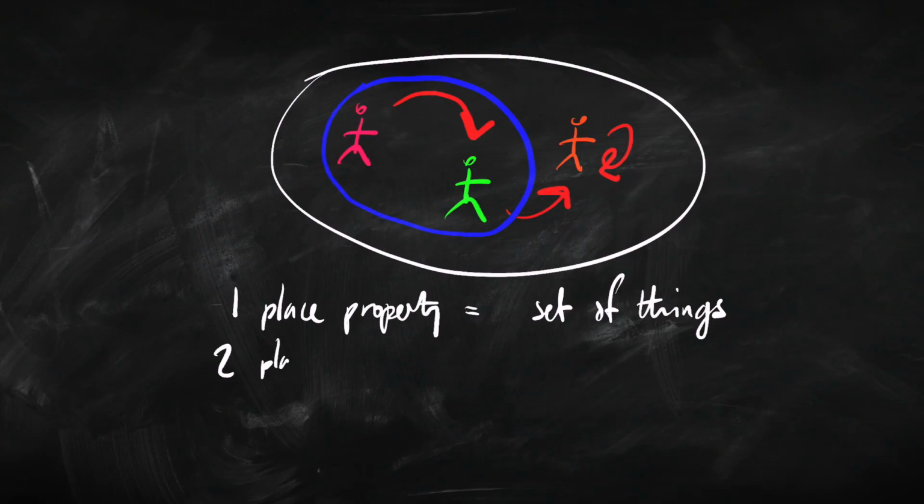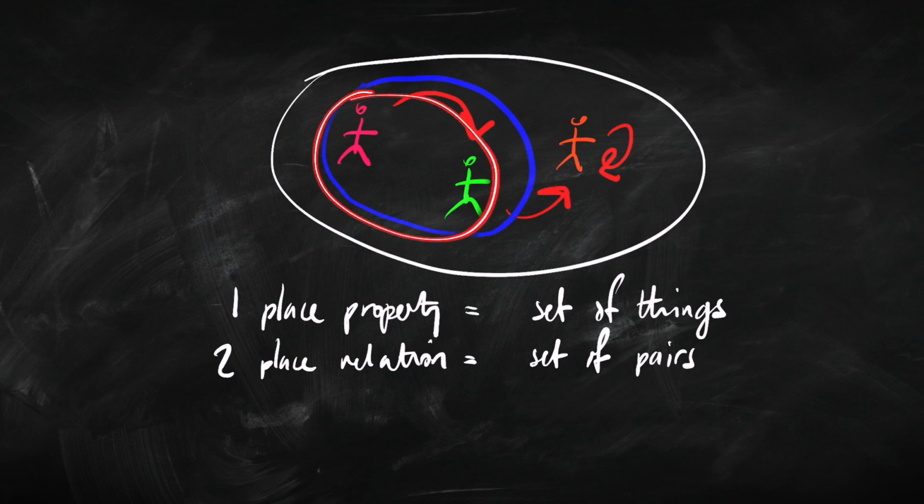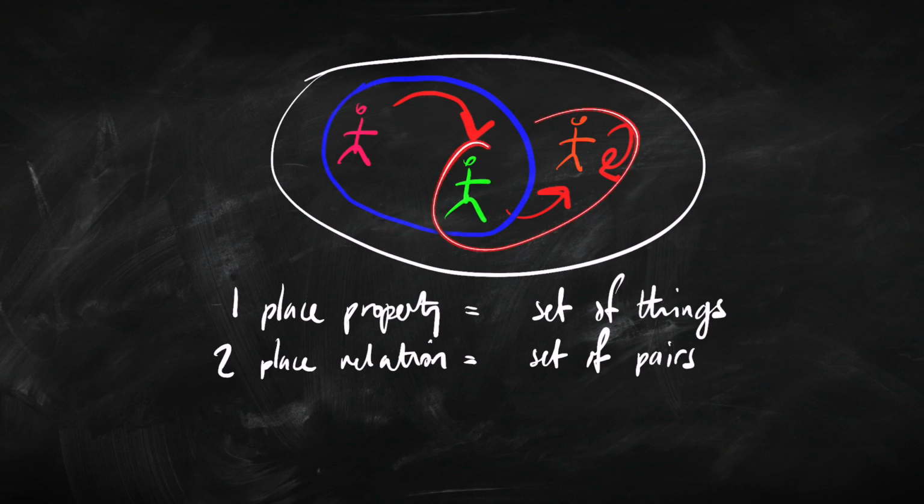A two-place property, a two-place relation, what's that going to be interpreted as? It's going to be a set of ordered pairs of the kind that we just looked at. So in this situation, where we've got Anna liking Beck, Beck liking Kath, and Kath liking herself, if we're going to interpret this relation liking, we want three ordered pairs in that set.